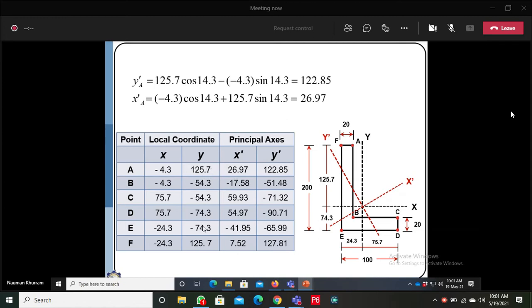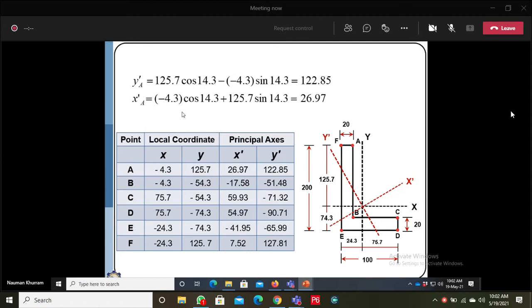Points B and C will have their y coordinate in the negative direction, with value 74.3 minus 20, which is minus 54.3. Similarly, the y coordinate of points D and E will be minus 74.3.